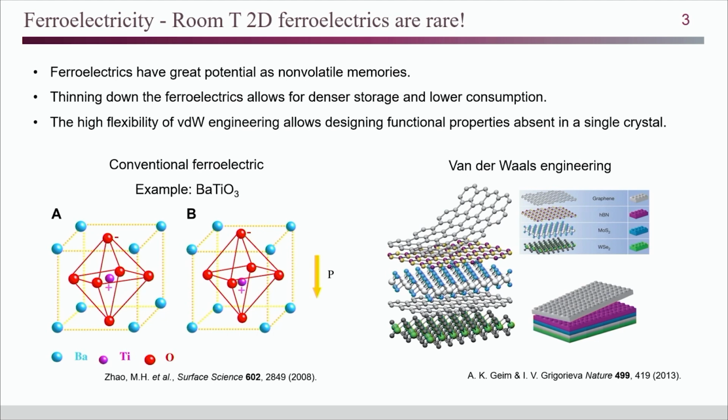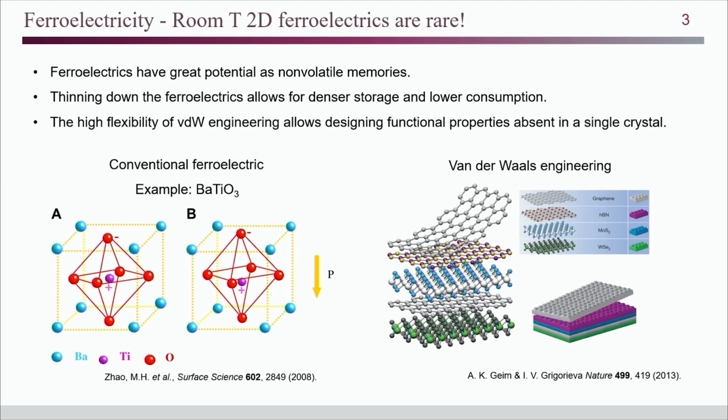And when it goes through the phase transition, the titanium ion displaces from the center, and that gives rise to a downward electric field. So this spontaneous polarization makes ferroelectric materials very promising candidates for non-volatile memories because the polarization stays constant and non-zero without an external electric field or voltage. And the magnitude and direction can be used as the memory unit.